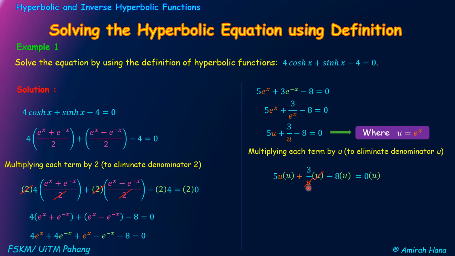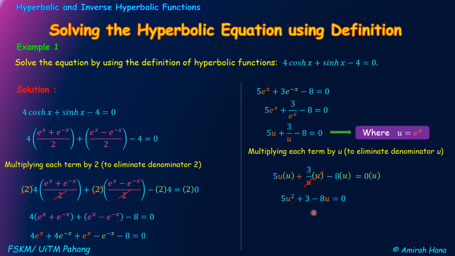Then we can simplify the denominator u. After we simplify, we get 5u squared plus 3 minus 8u equals 0. Zero times u still equals 0.